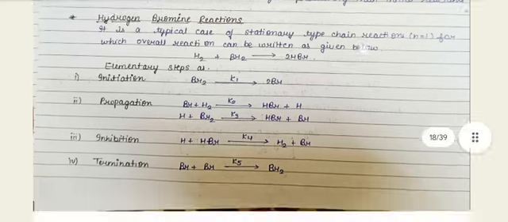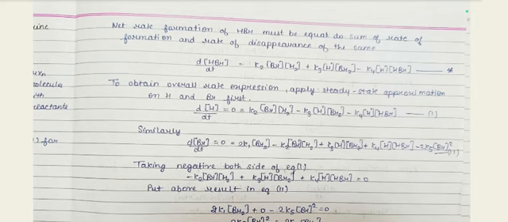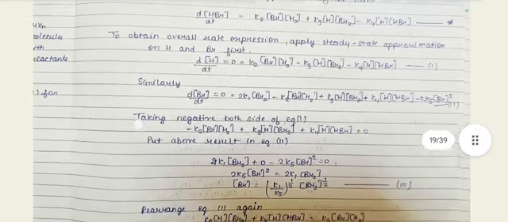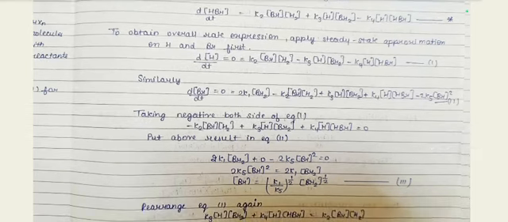To obtain the overall rate expression, apply the steady state approximation on H and Br first. d[H]/dt = 0 = k2[Br][H₂] - k3[H][Br₂] - k4[H][HBr]. Similarly, d[Br]/dt = 0 = 2k1[Br₂] - k2[Br][H₂] + k3[H][Br₂] + k4[H][HBr] - 2k5[Br]².